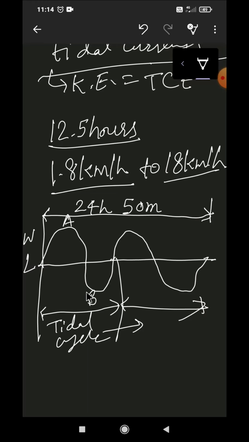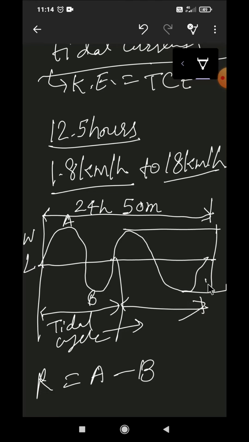The tidal range R is the difference between consecutive high tide and low tide water levels. So R is equal to the high tide level A minus B.